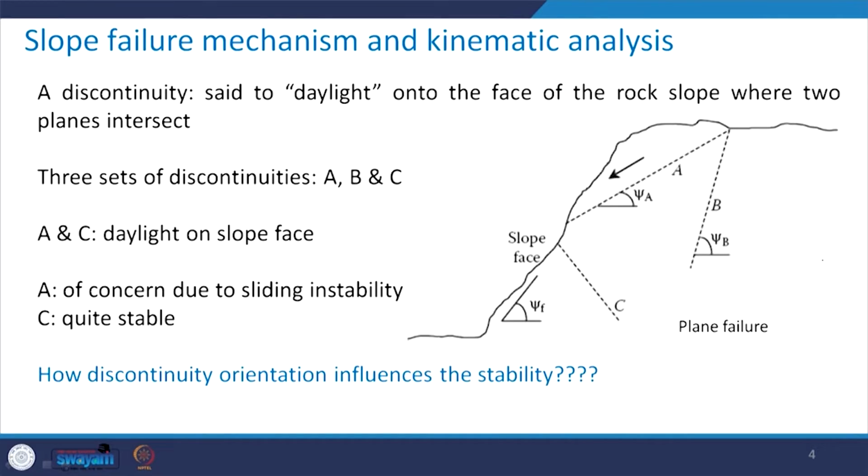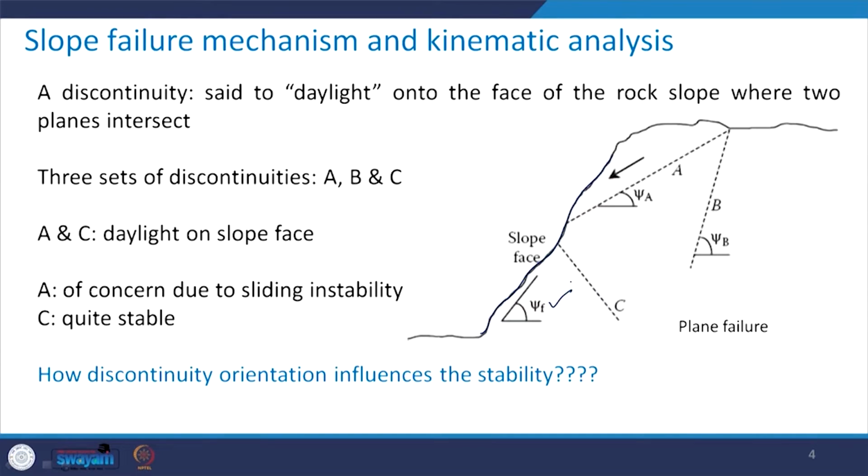So, you focus on this figure. This is what is your slope face, and it is making an angle of psi f with the horizontal. This means that the plane of the slope or the slope face has a dip of psi f.